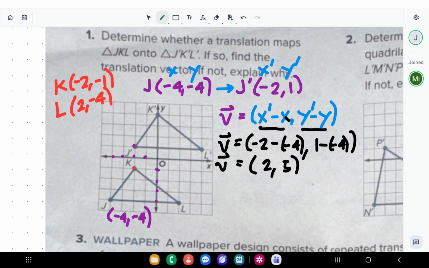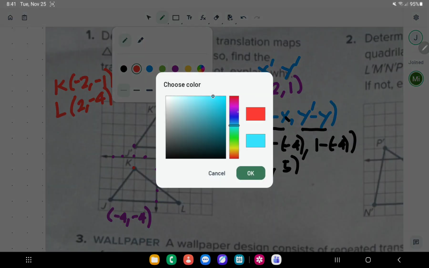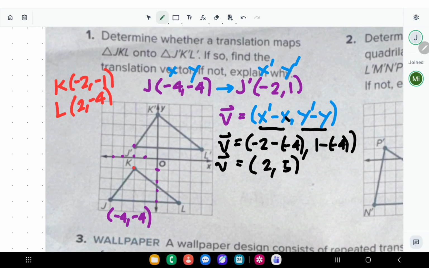Okay, so we check these other two vertex pairs. This is what we're going to do. We add K and the vector, and let's check if this is equal to K prime, and then we add L plus the vector, and we check if this is equal to L prime.